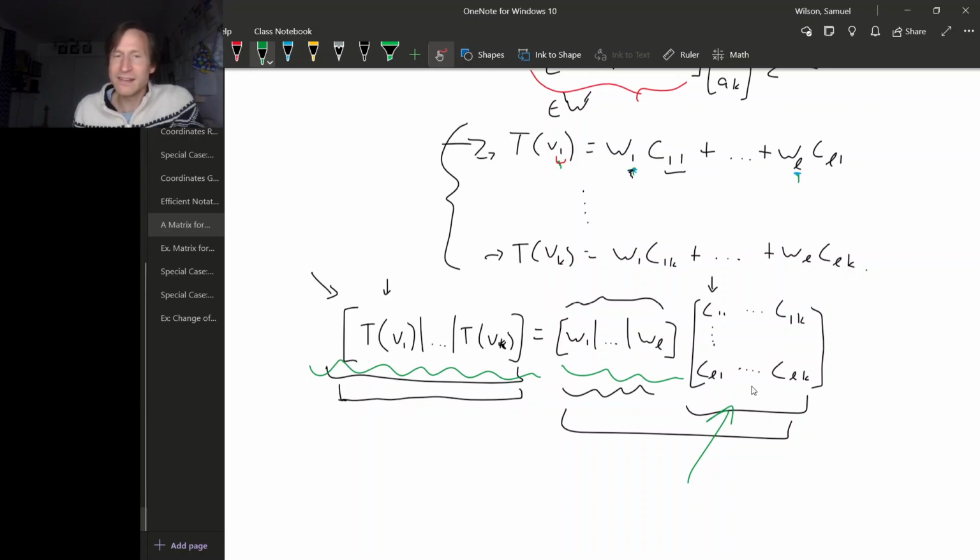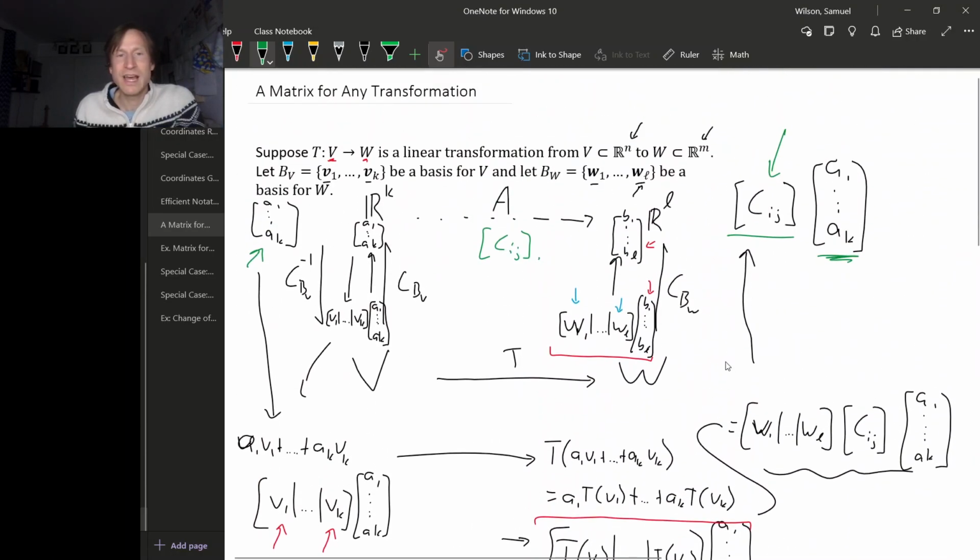But on the other hand, if you have coordinates for V relative to the V basis, if you multiply that on the left by the C matrix, you get the coordinates of the result of the transformation for the W basis. So this C matrix is really doing double duty.